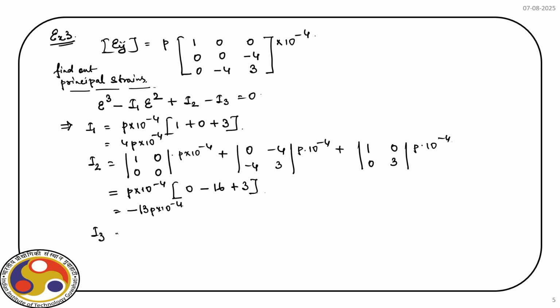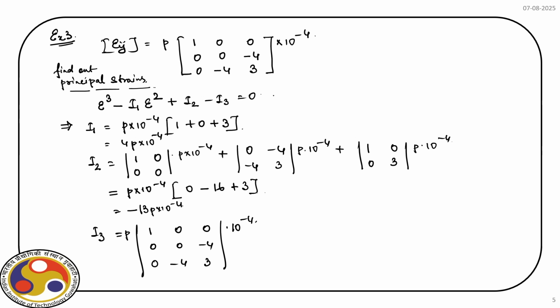And I3, if you solve, you have to take the determinant of this matrix. So, we have P into 10 to the power minus 4.